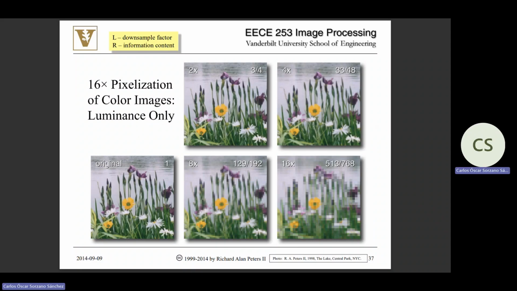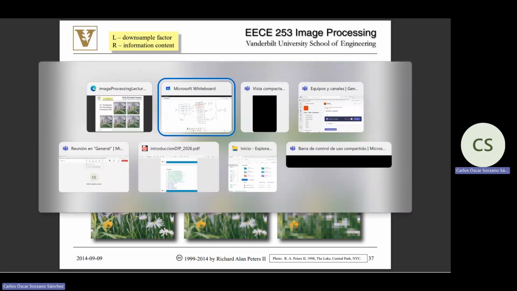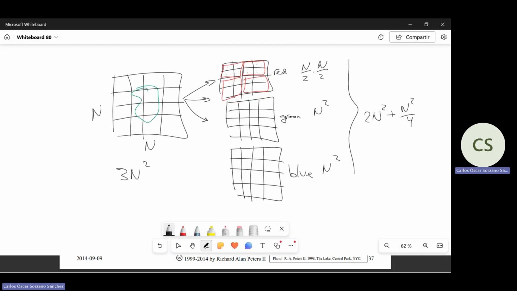And then we can play with the pixelization in the different channels. So for instance, here let's pixelate. What we will do is do this game, but now this will be intensity or luminance, and this will be somehow encoding the color.